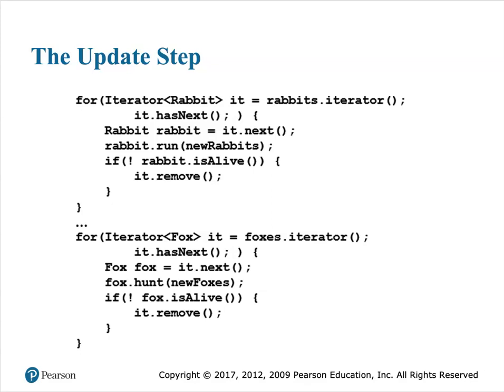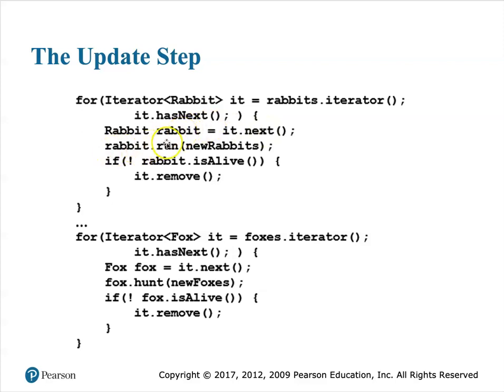So let's look at what updating involves. We're going to use iterators inside of a for loop. We're using iterators because objects might need to be removed from the collection at this point. So grab the iterator from the rabbits collection at initialization, and we're going to keep in the for loop as long as the iterator has a next object. While it does, grab the next object from the collection and put it into the variable rabbit.